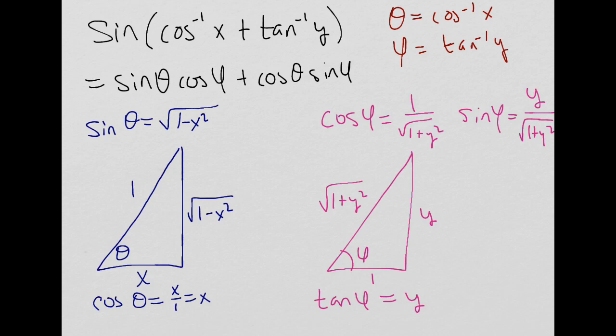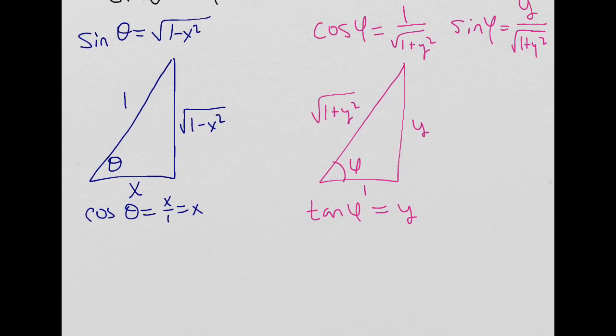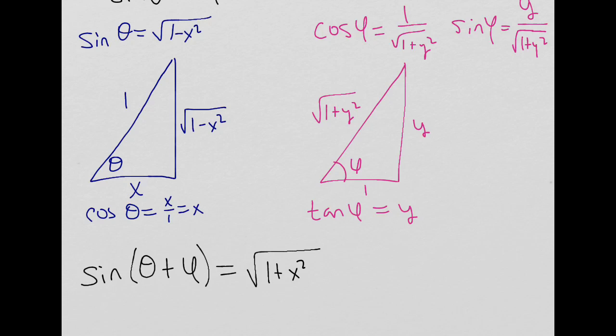So we've got all the necessary parts here to go ahead, plug into this formula here, and we're left with sine of theta plus phi is equal to square root 1 minus x squared, that's sine of theta, times cosine phi, 1 over square root 1 plus y squared.